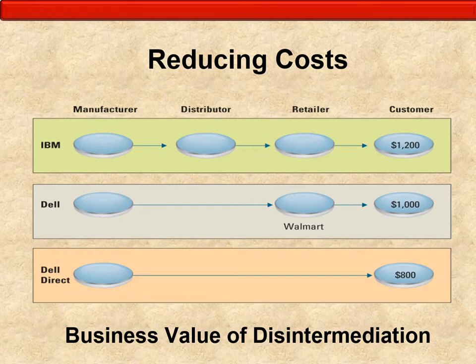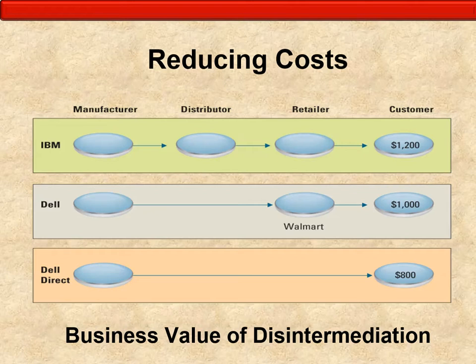IBM manufactured the computer. They then had a distributor to distribute the computers to the retailers. So the manufacturer would find distributors, and they would make sales to the distributors. Once the distributors made the purchase and the manufacturer was paid, their hands are out of the process.